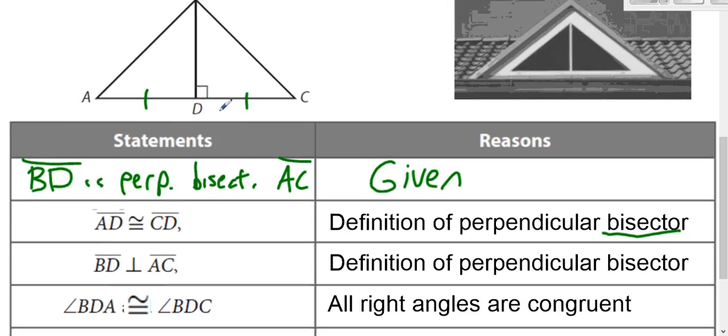Then BD is also perpendicular to AC. That's specifically the perpendicular part, which means it makes two right angles. And those two right angles are congruent. BDA is a right angle, and BDC is a right angle, and all right angles are congruent.